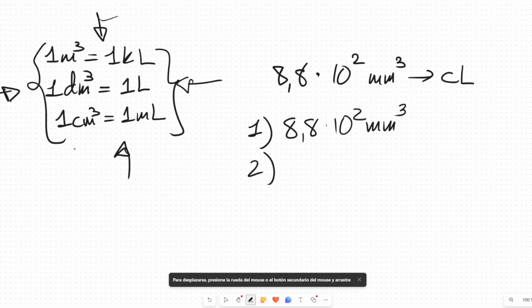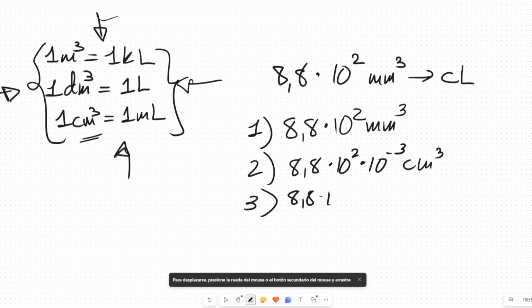So what do I have to do in this case? Well, I have to change it into one of the units that I know the equivalence of. So in this case, I will have to change it to cubic centimeters, for example. If I change it to cubic centimeters, the equivalence is 10 to the power of minus 3, because it's only one step to the left. And I will move on to 8.8 times 10 to the power of minus 1 cubic centimeters.